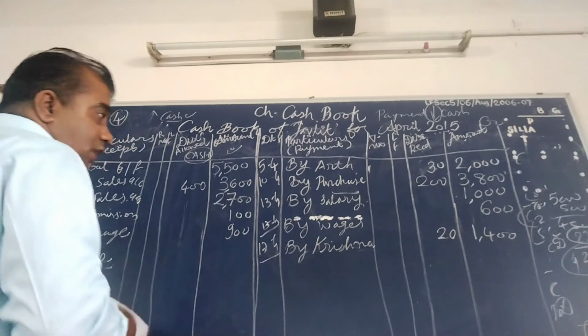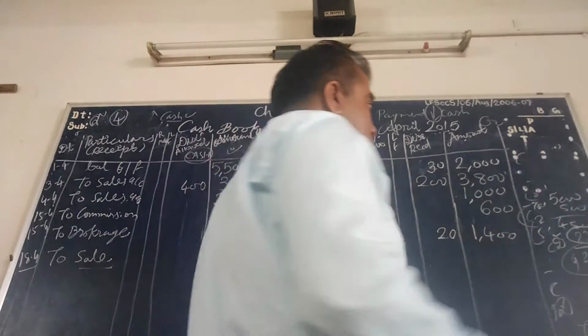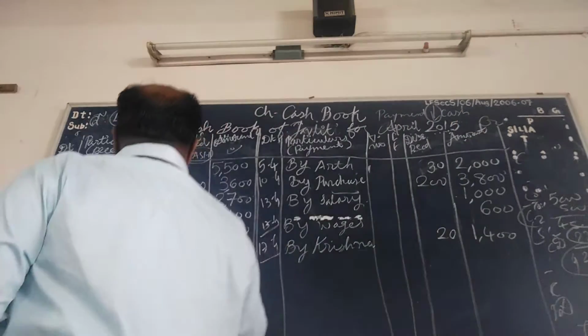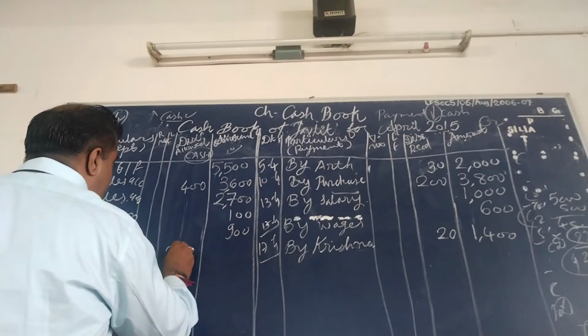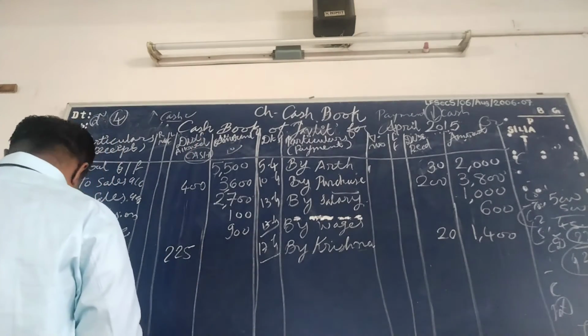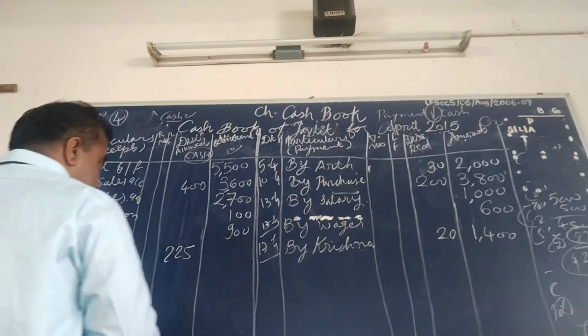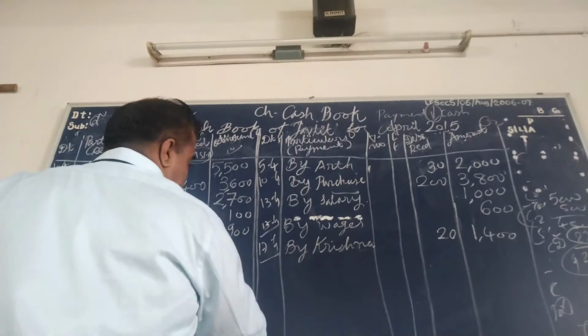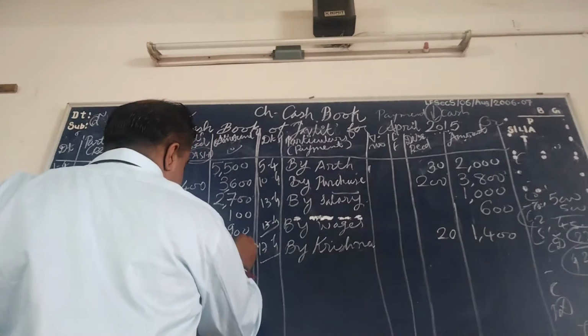We receive the discount of rupees 225. So we write in the discount column 225, and after deduction the amount is 4275.